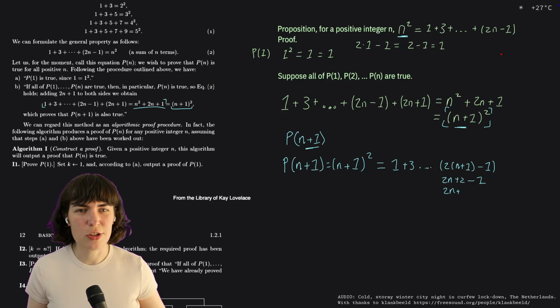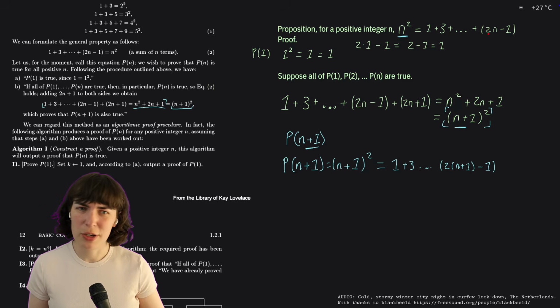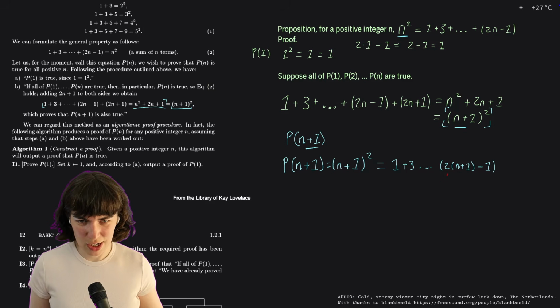Where am I going wrong in this? 2n minus 1. Let me work this through again. 2n minus 1 here. Sorry, I know you're chattering away frantically in the chat. I will visit you shortly. All of my brain is currently saturated.